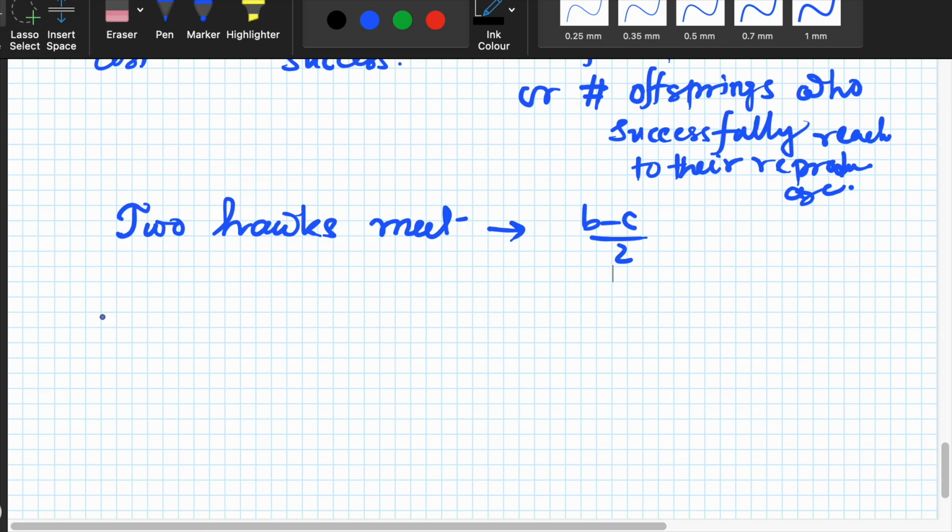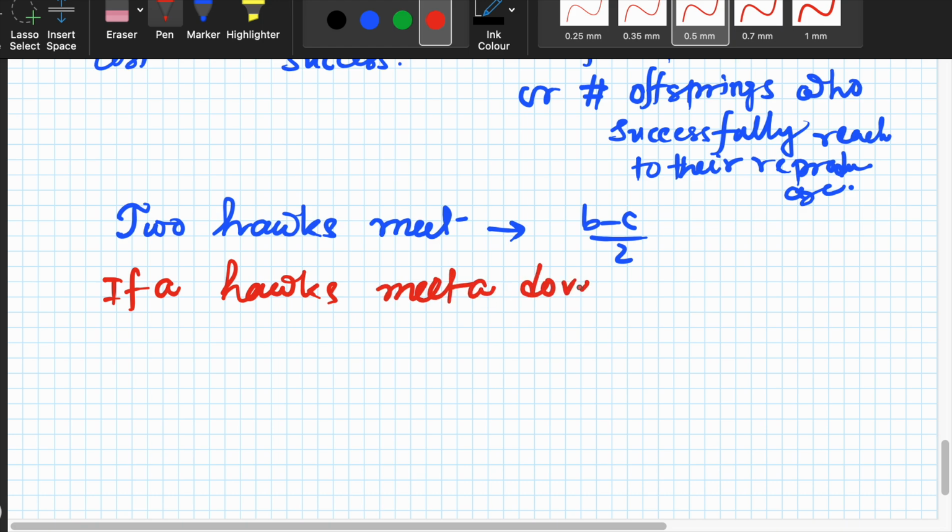If a hawk meets a dove, then obviously the hawk will enjoy without getting any serious injury, so it will get the benefit B, and the dove will get the benefit 0.